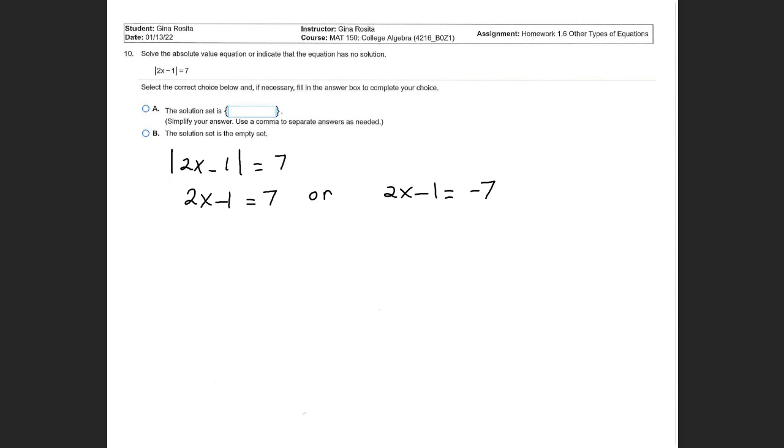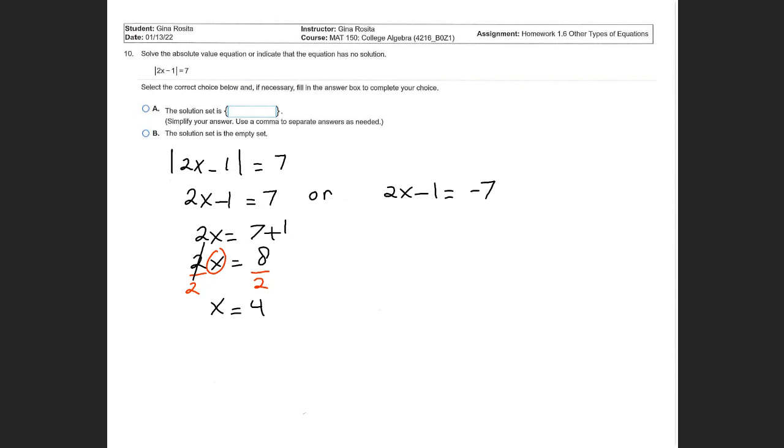Move 1 to the right side, it becomes positive. So 2x equals 7 plus 1, so 2x equals 8. Our goal is to find x, so you divide by 2. The answer is x equals 4.